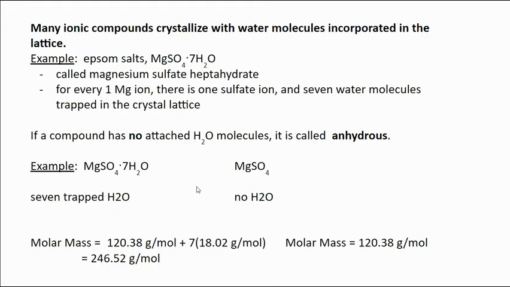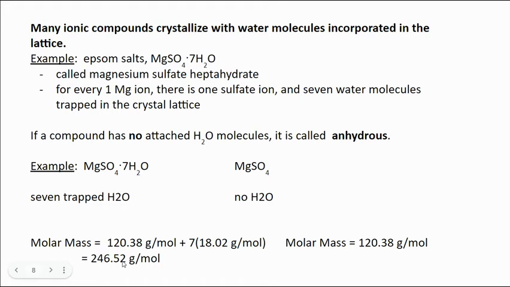So if I were to look at my hydrated form of the compound, in order to find its molar mass, I'm going to add up a magnesium, a sulfur, and 4 oxygens. I've just shown this in grams per mole. And then I'm going to add the mass of 7 water molecules. That 18.02, if you've been practicing, comes from 2 hydrogens and 1 oxygen.